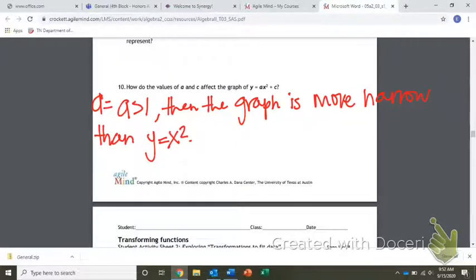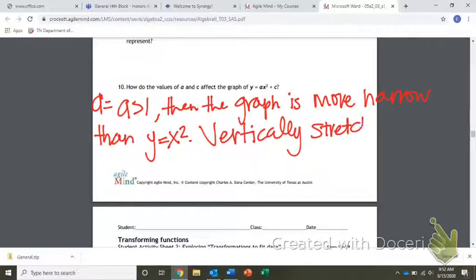Sometimes Agile Mind will say this is vertically stretched.